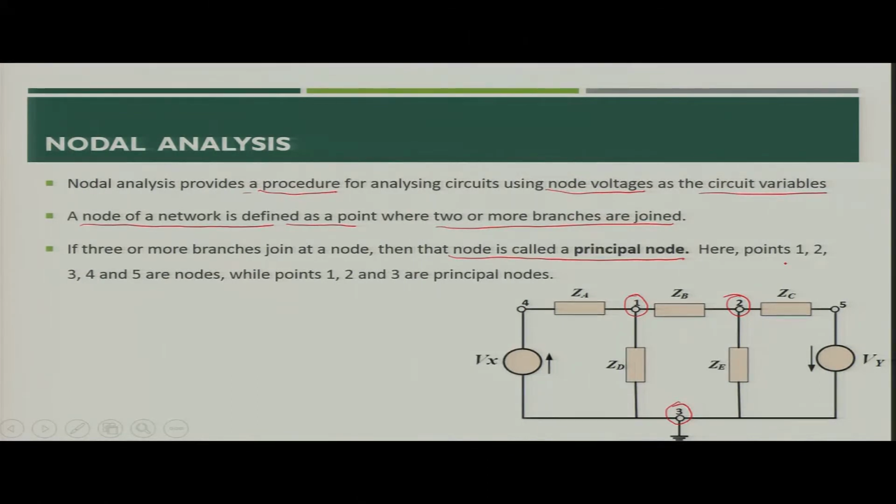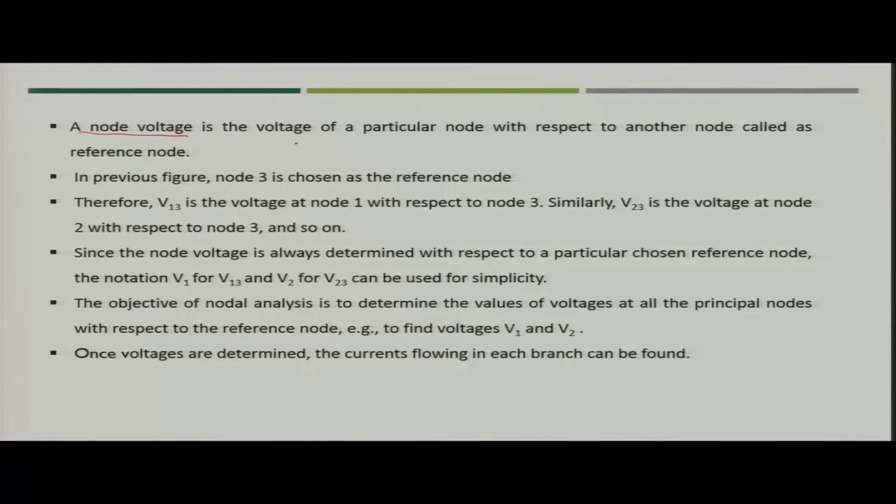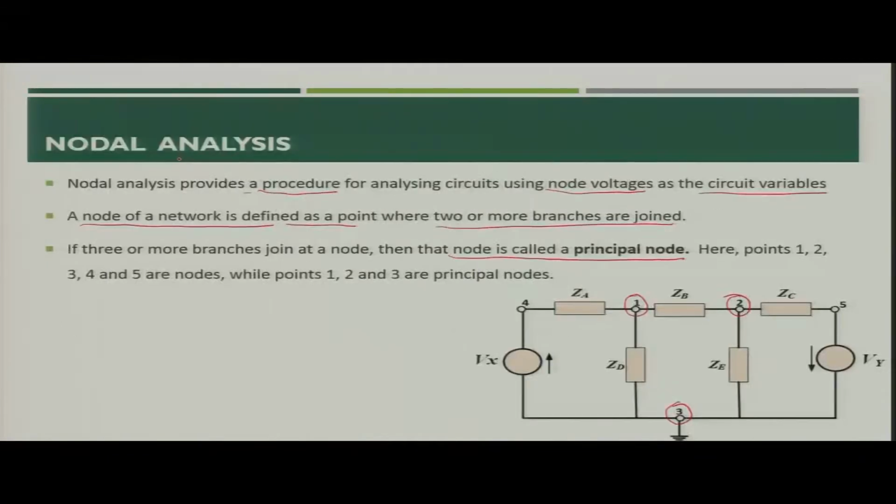Let us see what is the significance of the principal nodes. What is the node voltage? Node voltage is the voltage of a particular node with respect to another node which is called the reference node. From this figure, if you say V13, that means the voltage V1 with reference to reference node number 3.